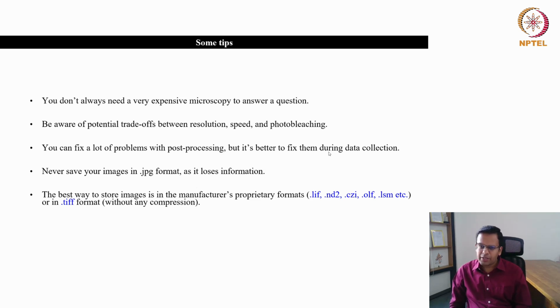Like if you are using a Leica microscope, you should always keep the original proprietary format of your imaging data. Okay, whatever the microscope manufacturer you are using, like Leica, Zeiss, Olympus, Nikon, anything. So always keep a file in their proprietary formats like .lif, .nd2 for Nikon, .czi for Zeiss, .oif for Olympus, and .lsm for Zeiss.